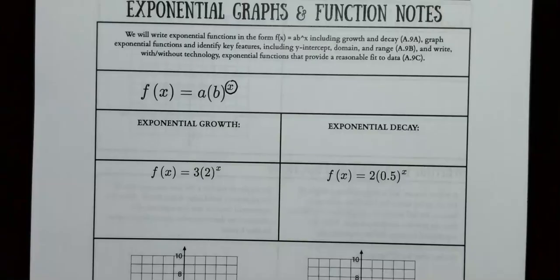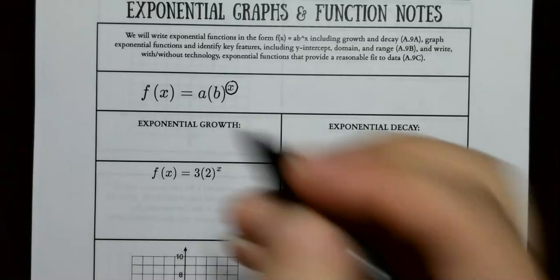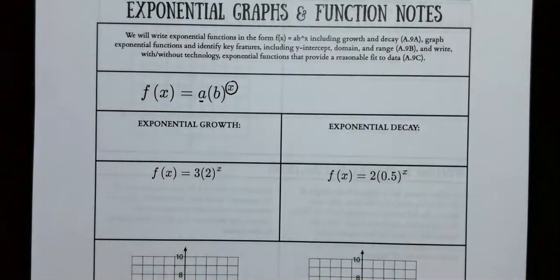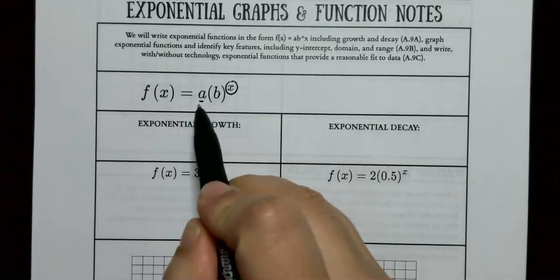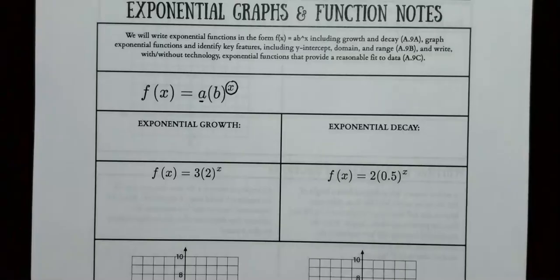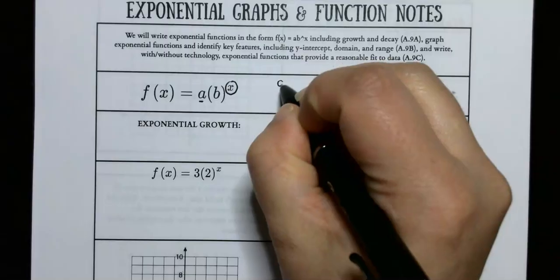Okay, so there's a couple things that our equation tells us about the graph if we're looking at the equation. This a in the front is always going to be the y-intercept of the graph. So if you graph this out, this number is going to be where the graph actually crosses the y-axis. So let's go ahead and write that in.